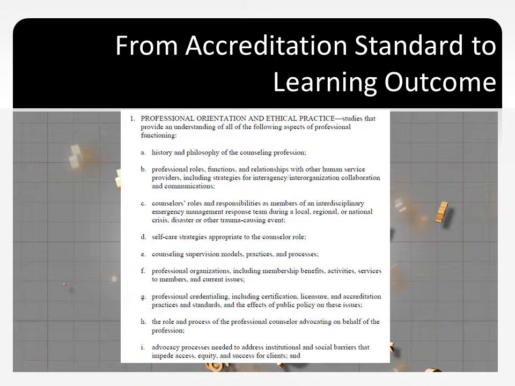So I'm going to take an example of an accrediting body called CACREP, which accredits master's programs in mental health counseling. And the Hodges Clinical Mental Health Counseling Program is accredited by this body. And the way many accreditation standards are laid out is that there will be a particular section that addresses the curriculum of the program and what they expect that curriculum to cover.